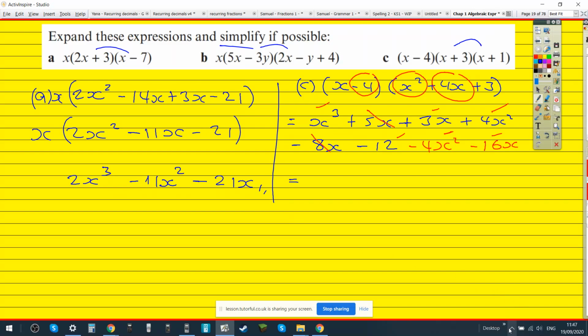So 4x squared minus 4x squared would be 0x squared, it'd be nothing. So they cancel each other out. And then 3x minus 16x would be minus 13x.